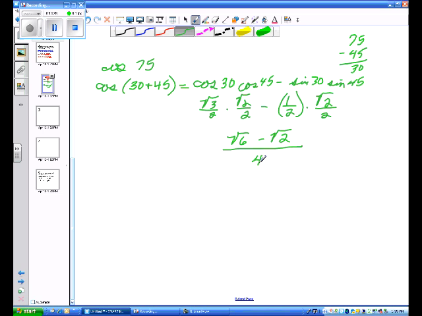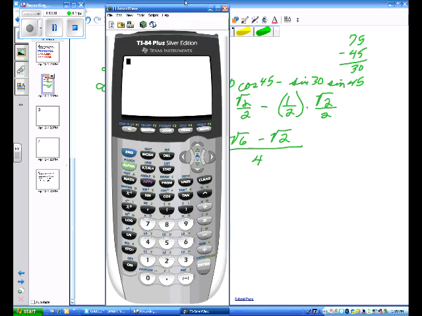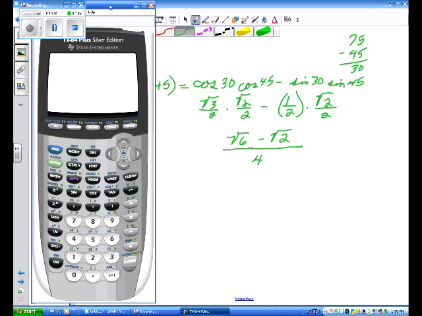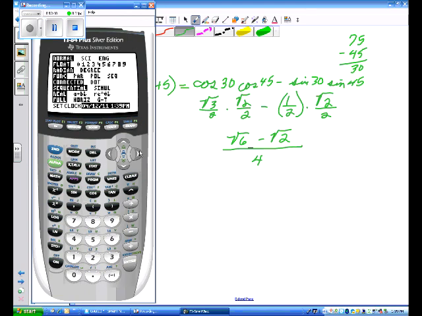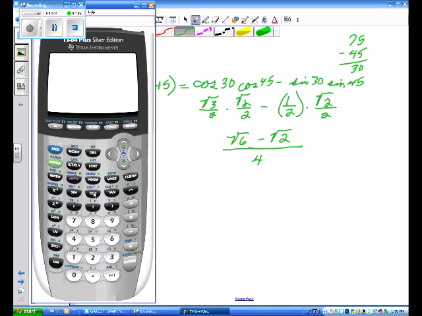And if you wanted to check your answer, you can pull up our calculator and we can find the cosine. Let's make sure it's in the degree mode. So we could find the cosine of 75 degrees.